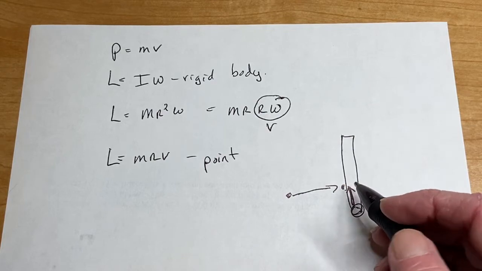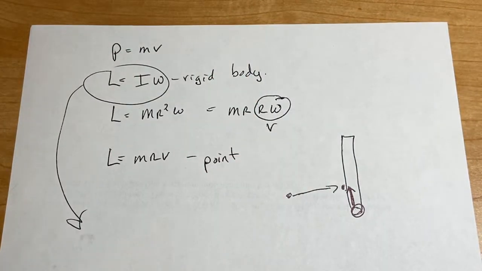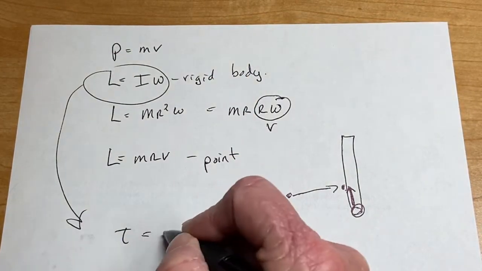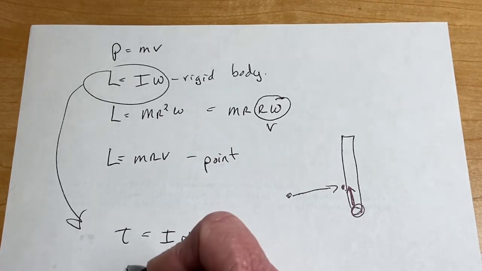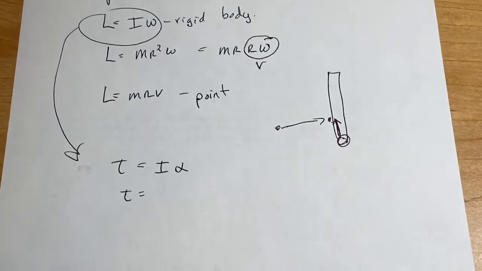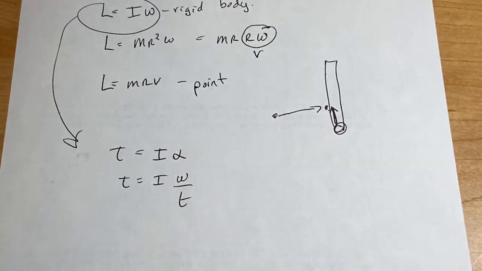So there's more. If you think about this formula for a second, we have torque equals I alpha, and that really means alpha is omega over time. It's really the change in omega.